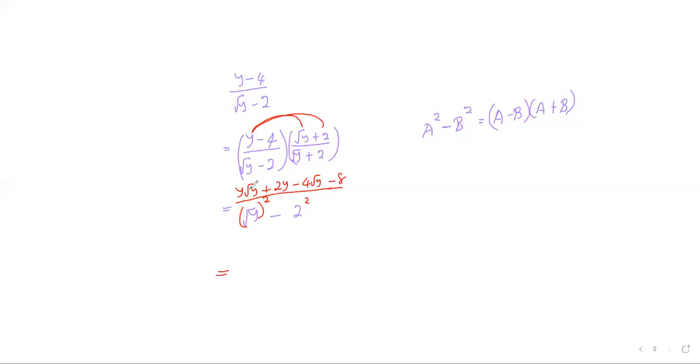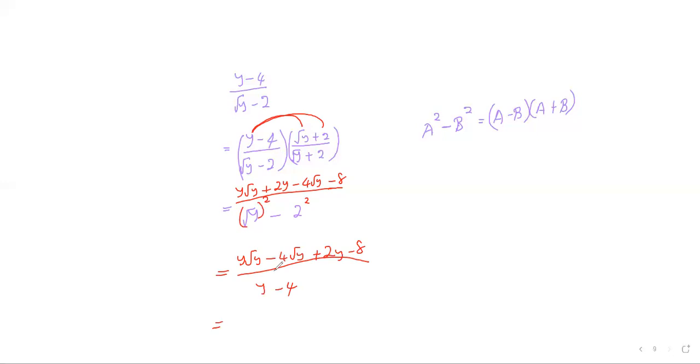Like terms, there's nothing similar here. Here you can say y root y, minus 4 root y, plus 2 root y, minus 8. On the bottom here is going to be y minus 4.